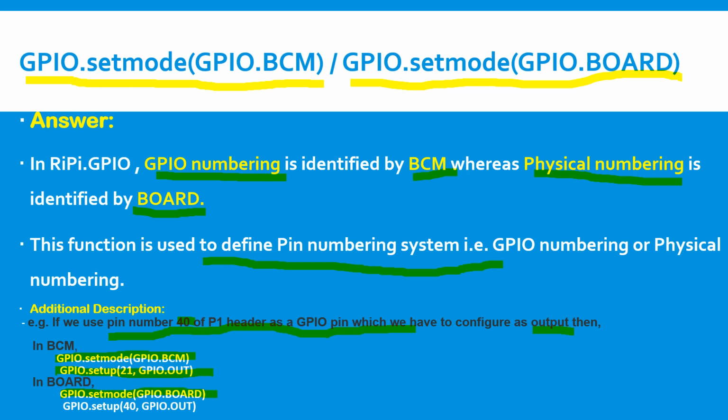Because it is used as physical numbering, and I have to use the number 40 because it is a physical pin, and therefore I have written here GPIO.setup 40 comma GPIO.OUT. So this is about the GPIO.setmode function, which is used to define the pin numbering system, either GPIO numbering or physical numbering.